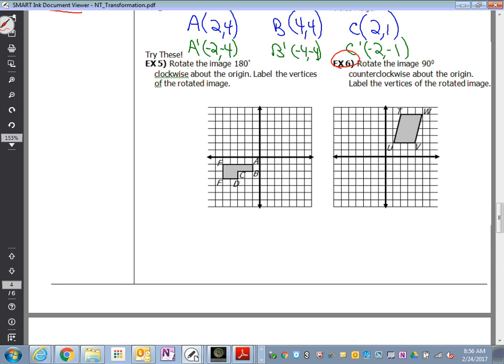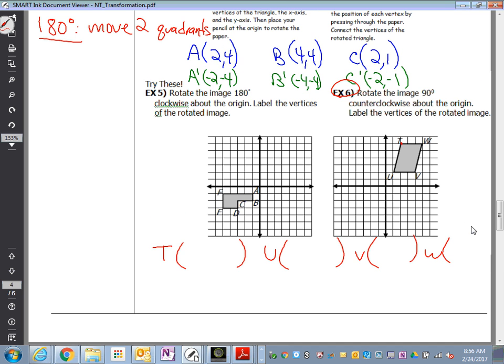I want you to write T, U, V, W. Go ahead and take up your whole paper. Write the coordinates for that.